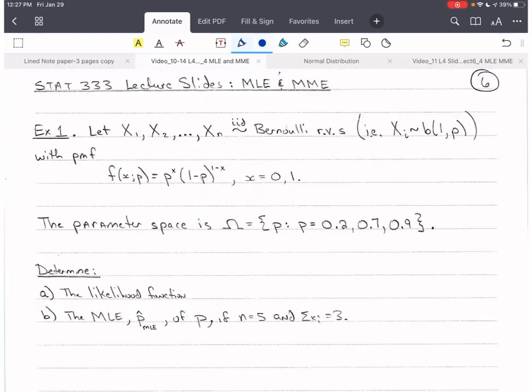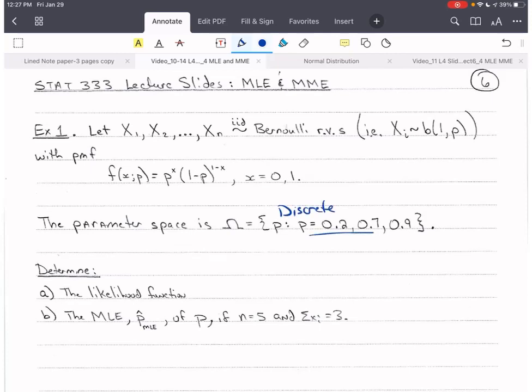Let's do an example. This is example 1. Now, not only are we using a discrete distribution, but more importantly, because that's really not important for MLEs that much, whether it's discrete or continuous, what's important is whether the parameter is discrete or continuous. So we're going to use a discrete case for the parameter.